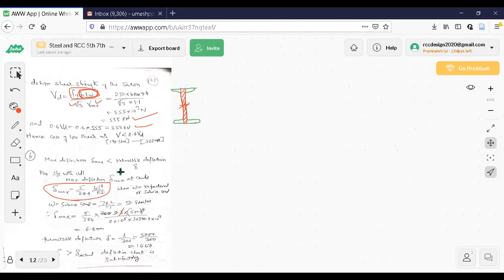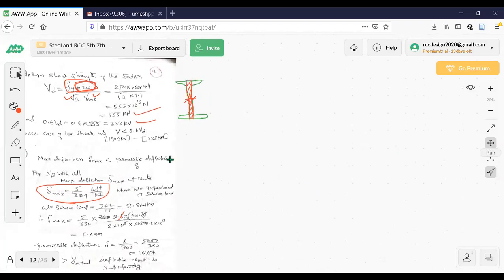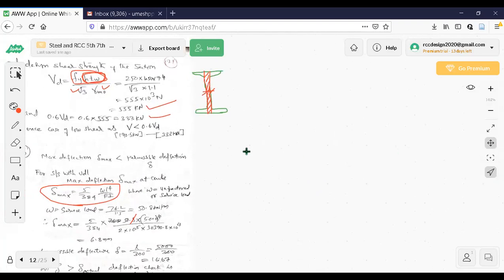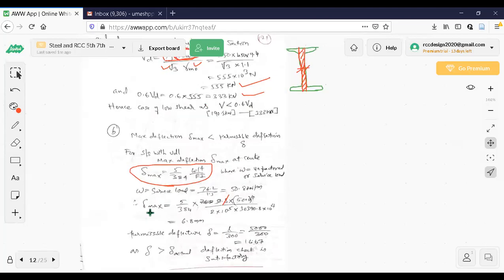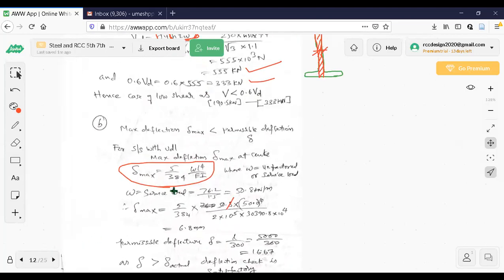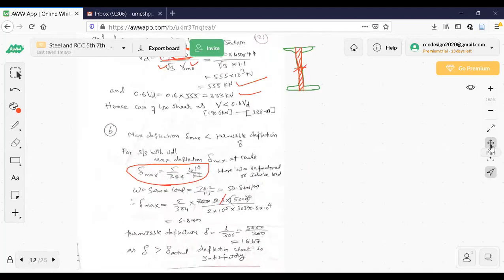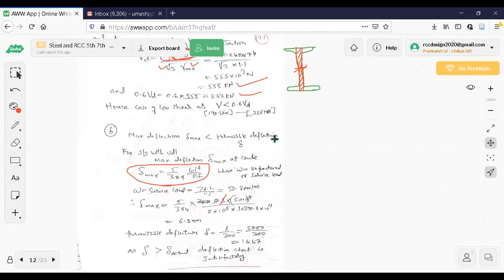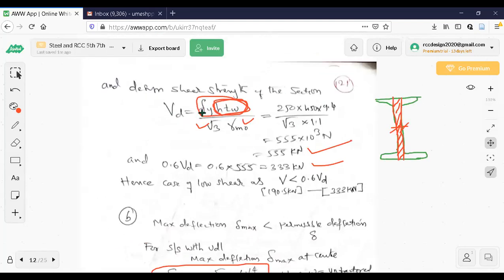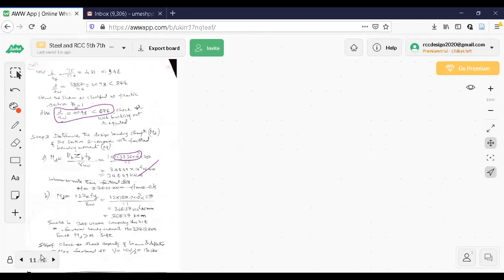This is the design. I'm going to share these notes. You go back and study this so that plate girder will be easy to follow. Also check whatever formulas I have given, on which page they are there. Anyway, I'll show it in the next class, but you also check in the steel tables, I mean IS 800.